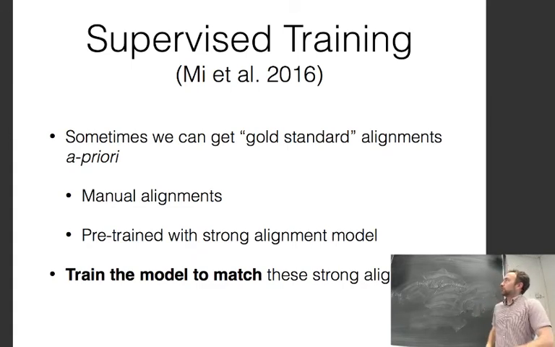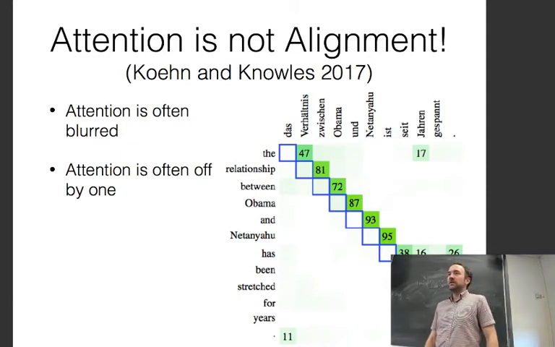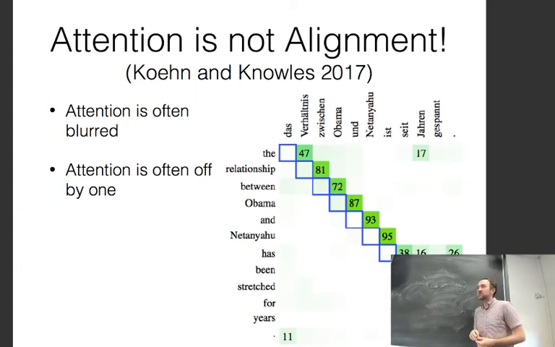But one important thing to remember, this is something that I hadn't seen written in a research paper before until this paper just very recently, but it's something that almost everybody who's used an attentional model and visualized the results has noticed. Basically, attention is not an alignment between the words. Don't expect attention to look like alignment.